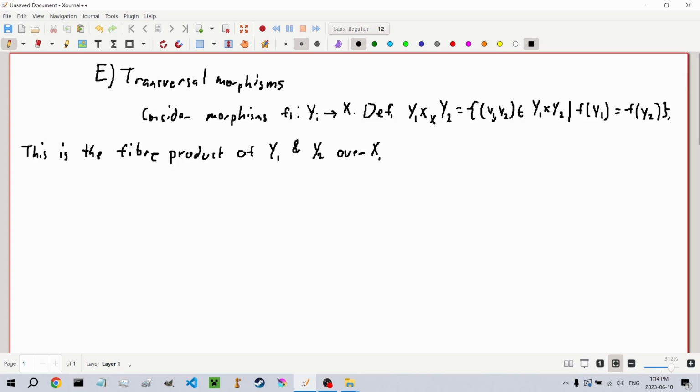Now, let the ith projection pi from y1 fiber product over x with y2 to the respective yi be the restriction of the ith projection to the x fiber product of y1 and y2.